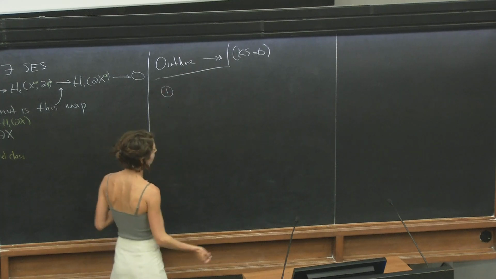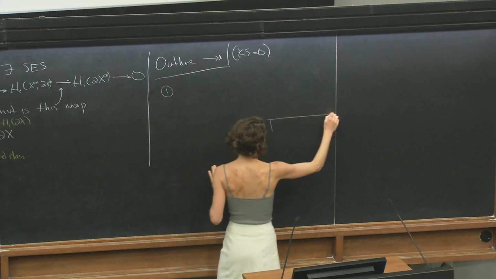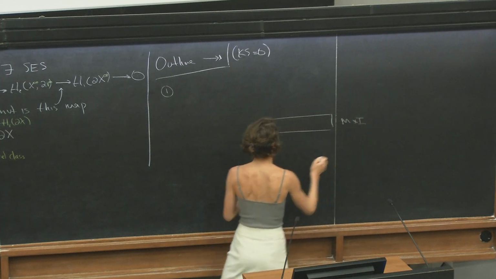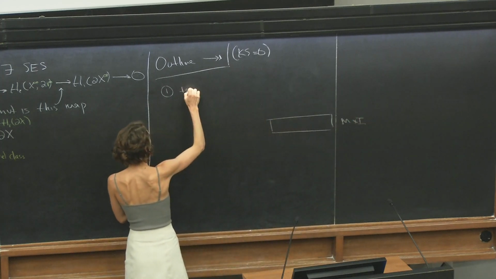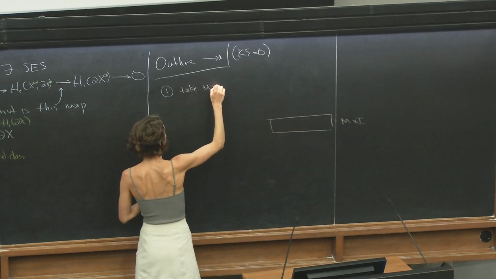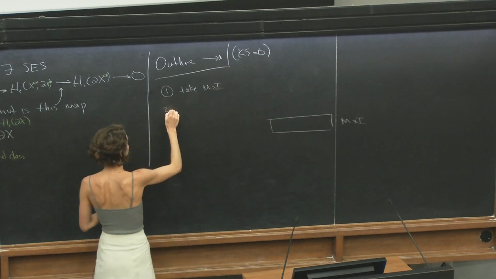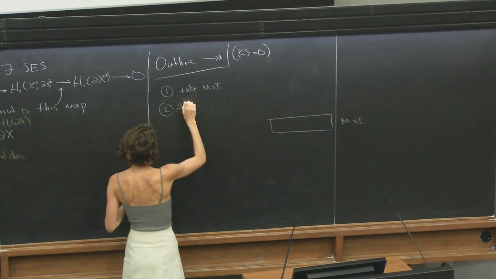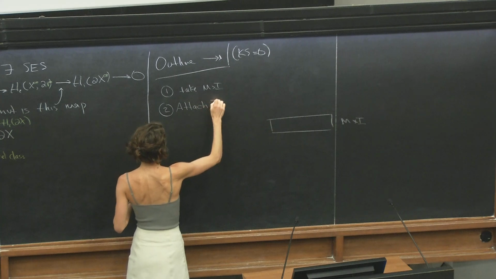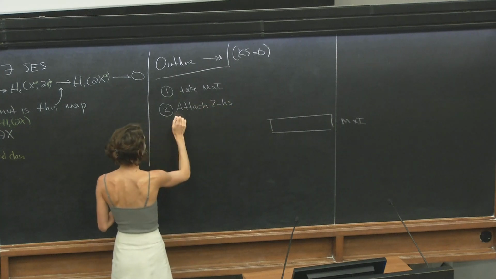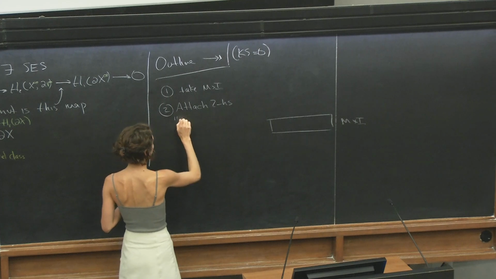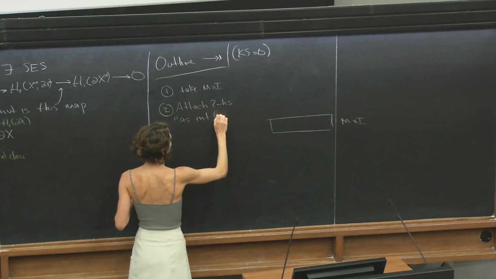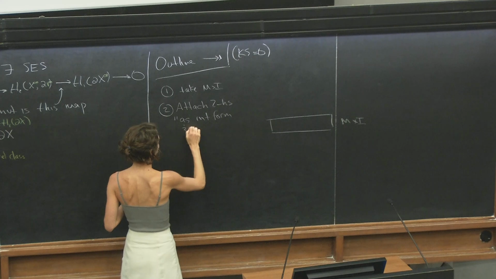So the first step is just to begin with the boundary that has been insisted upon. So start with M cross I. And then what you want to do is attach 2 handles to it in a way that's instructed by the intersection form, the equivariant form, and the automorphism invariant.